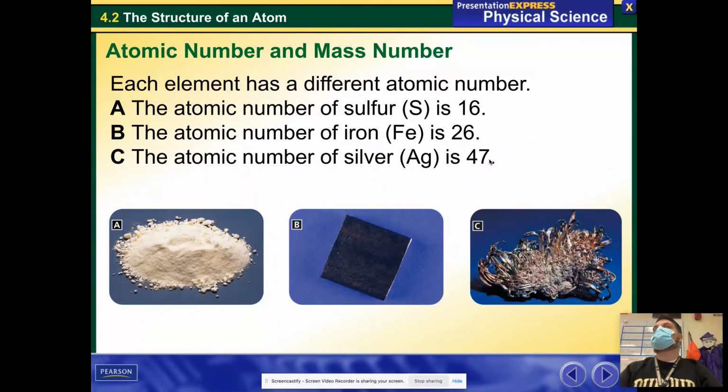It probably has 16 electrons, too. The atomic number for iron, which is interesting, it's Fe, is 26. So how many protons are in iron? 26. The atomic number for silver is 47. How many protons? 47. How many electrons then? Probably 47, right? Because they like to be balanced.